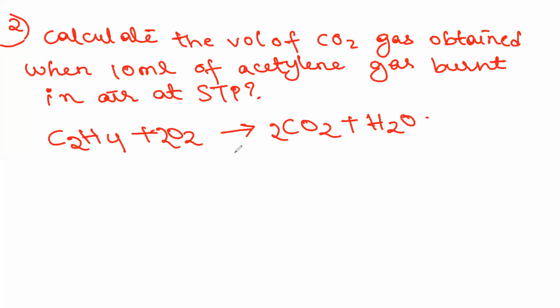Now we have to do balancing. C2H2 plus 5/2 O2 gives 2CO2 plus H2O is the balanced stoichiometric equation.